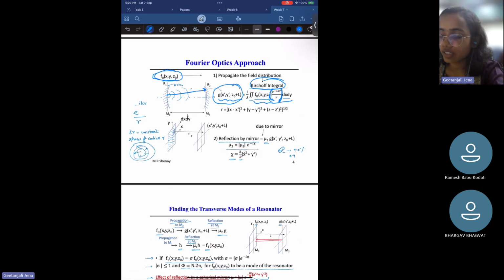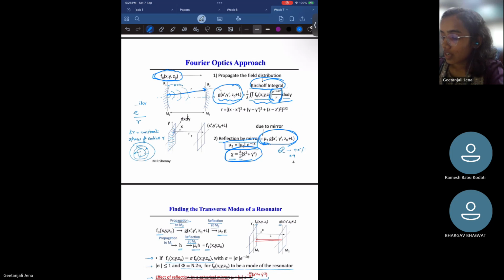The field will get reflected back. So for reflection, we'll add a factor mu2 to the field G. This mu2 is due to the reflection from the mirror. So mu2 we typically write as mod mu2 e to the power minus i chi.